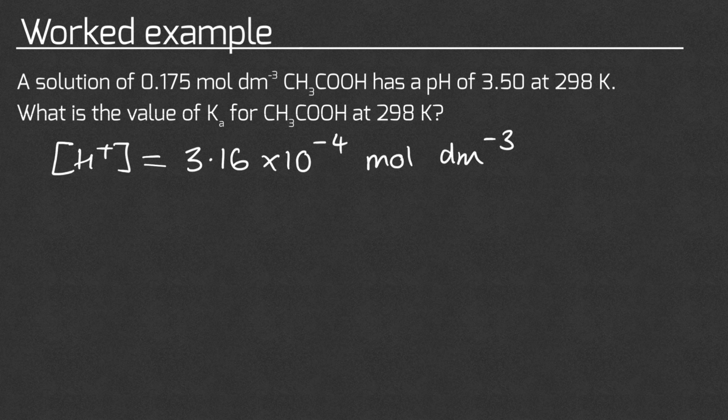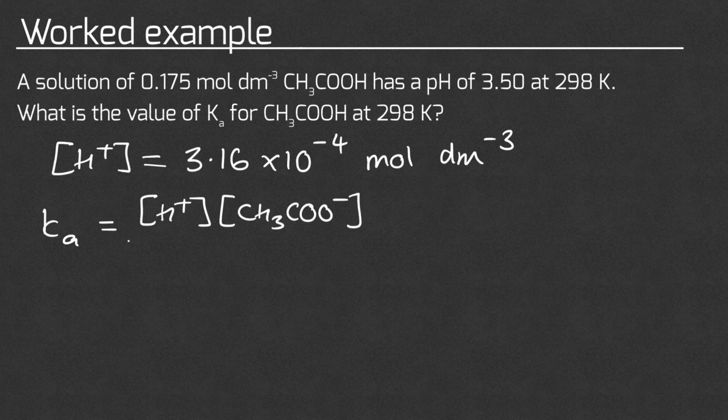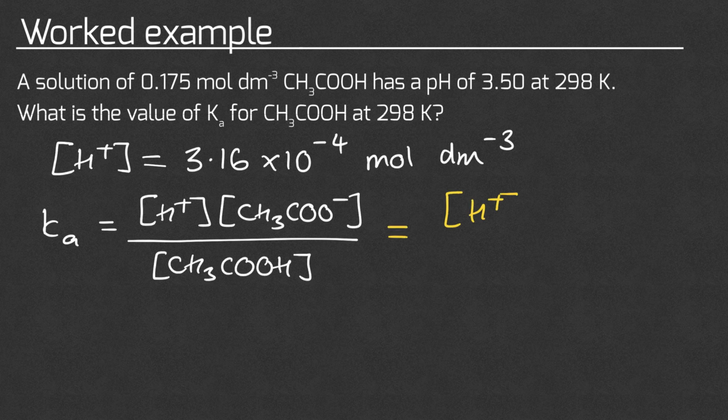Once we've written this, we can construct the Ka equation and then use the simplification. In this case, the question is asking us to work out the acid dissociation constant, so there's no need to rearrange it.